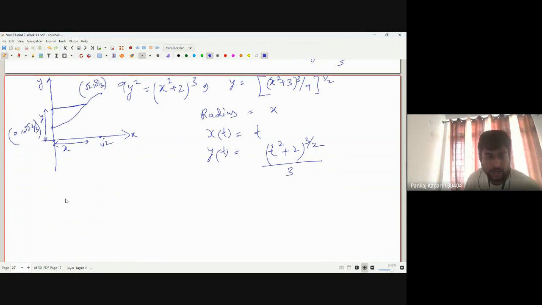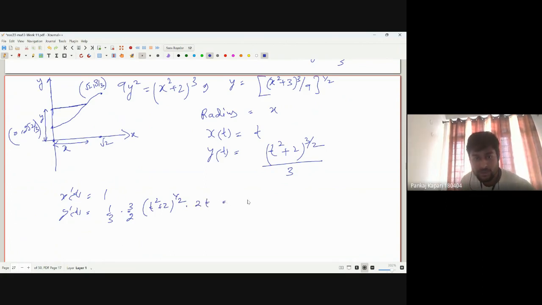Let's find out the arc length. So what is ds? Let's first find x prime t. This is 1. What is y prime t? It is 1 by 3, and apply the chain rule. We have 3 by 2 outside, then (t square plus 2) to the power half into twice of t. This is just t times (t square plus 2) to the power half.